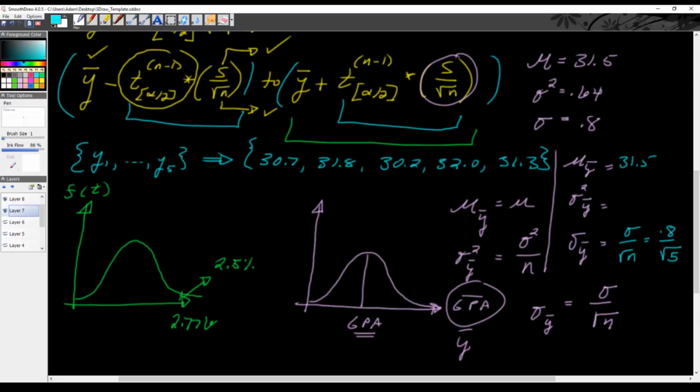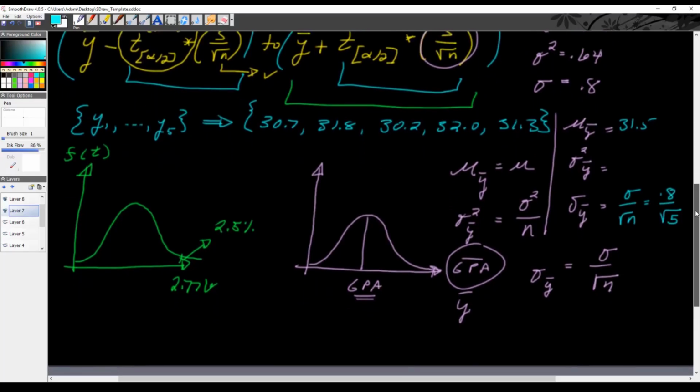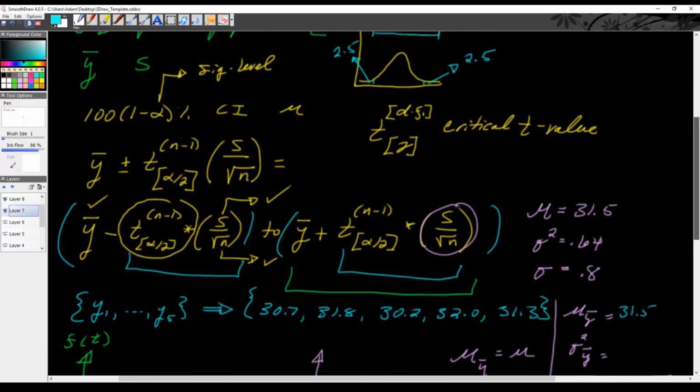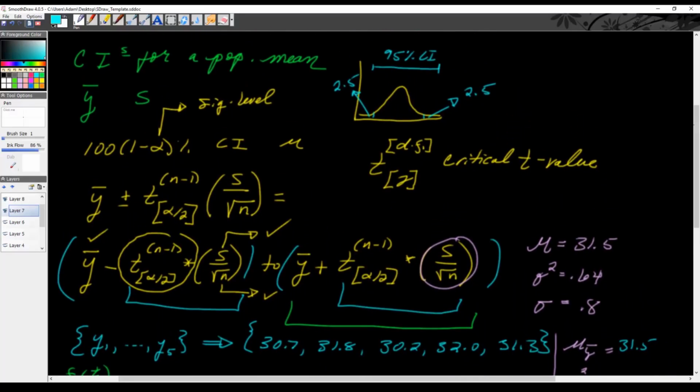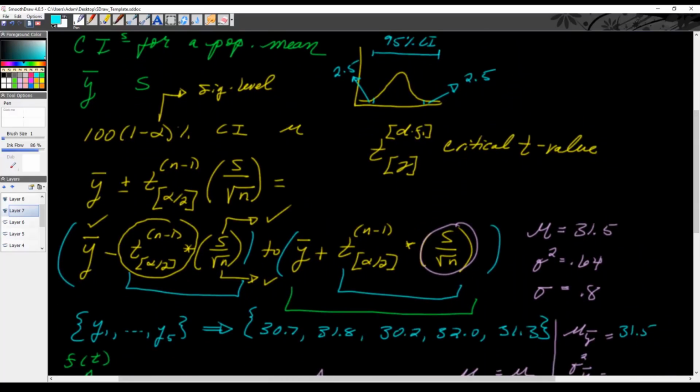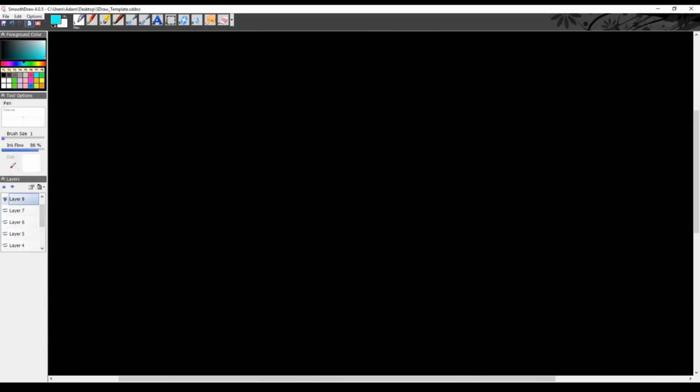So let's say we want to know what the 95.44% confidence interval is. Well, we know about the standard normal distribution.